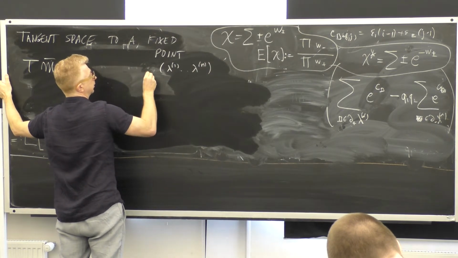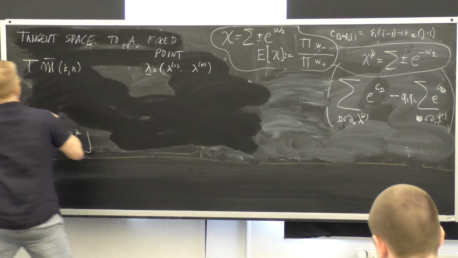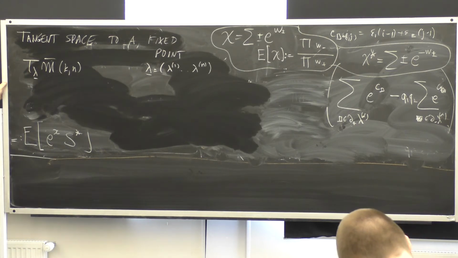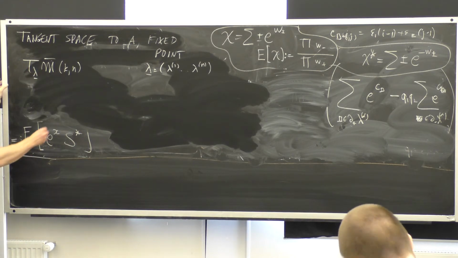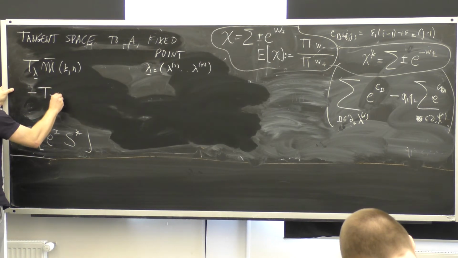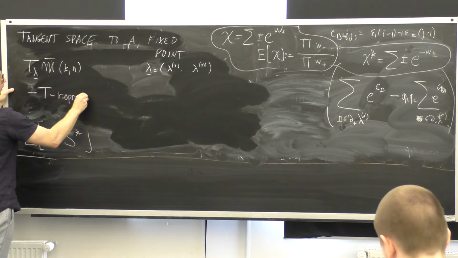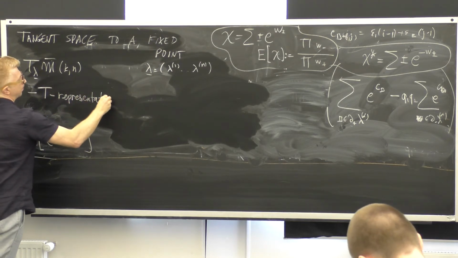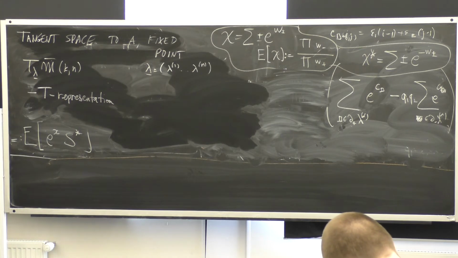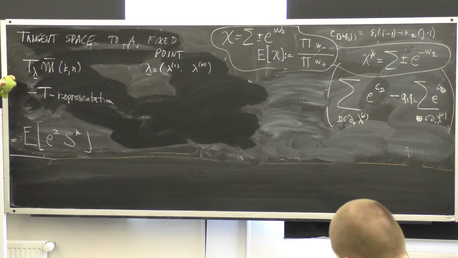Let me call it lambda underscore. By general arguments, this also has to be a representation of the torus. So what is it? It's a C representation. What is its character?